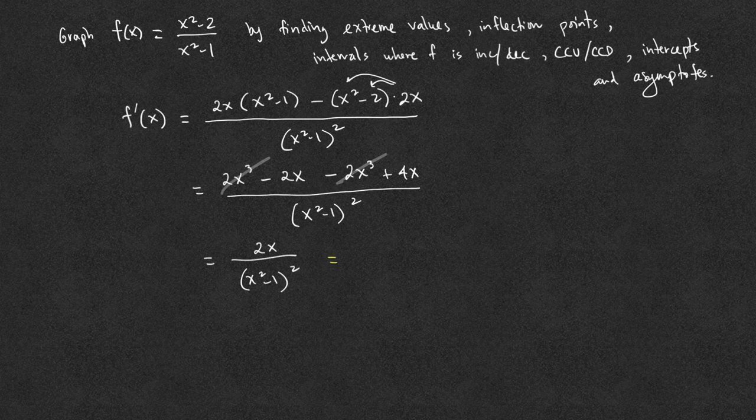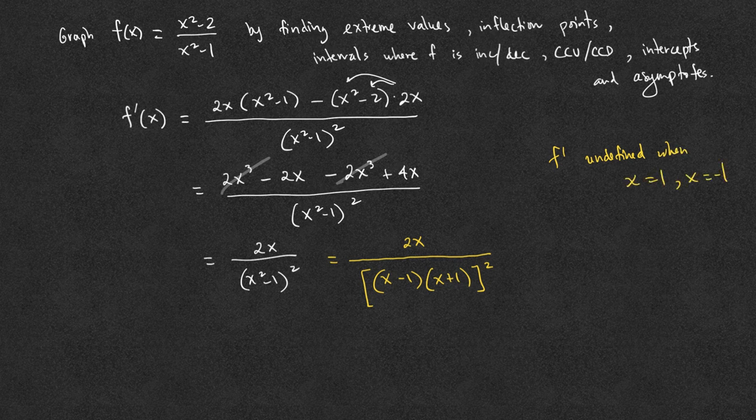To find all critical points, we have to check where f prime of x is 0 or where f prime is undefined. We factor the denominator and we see that f prime is undefined when the denominator is 0, and so when x equals 1 and when x equals negative 1. f prime is 0 when the numerator 2x equals 0, or when x equals 0.